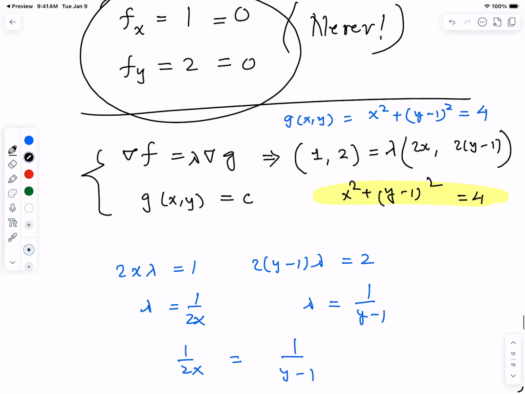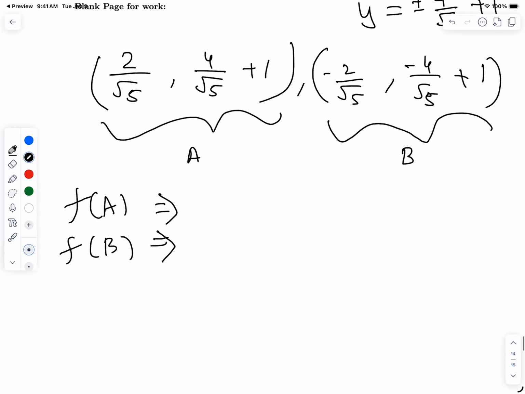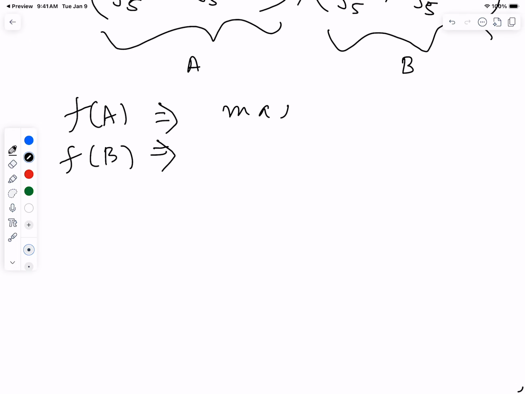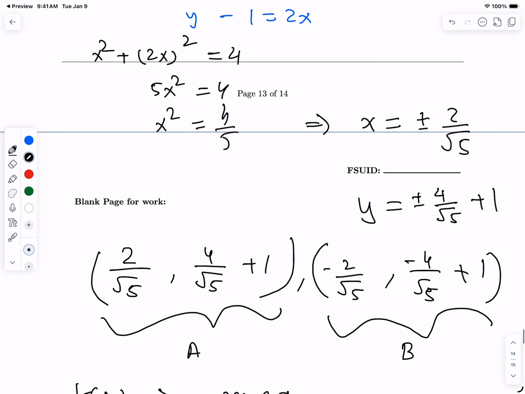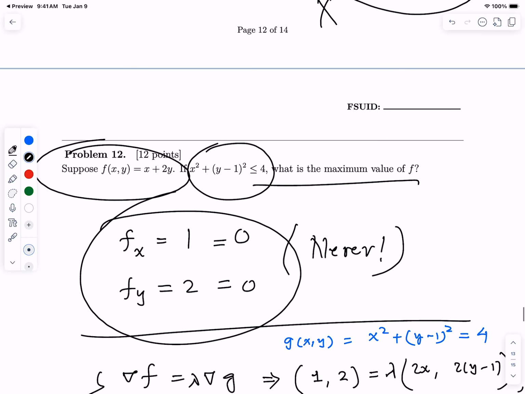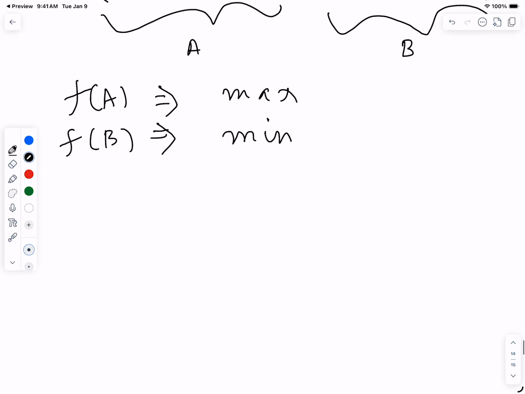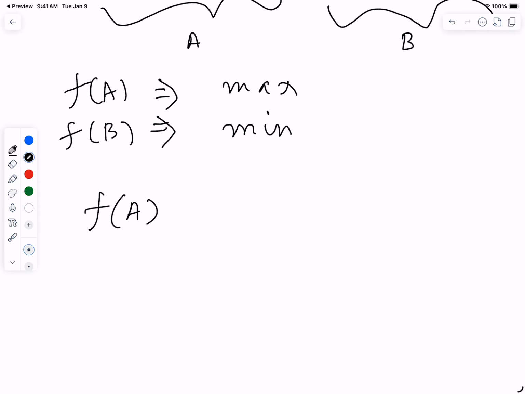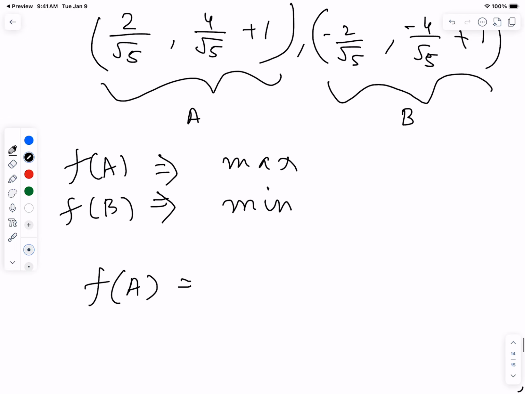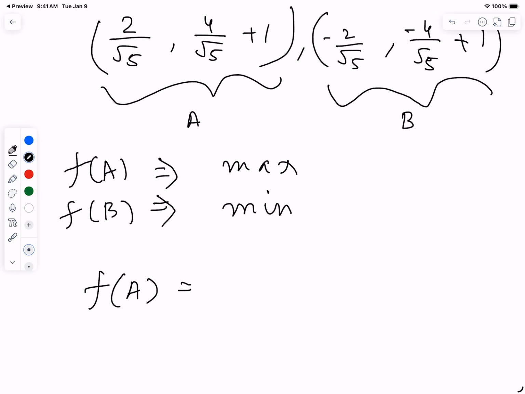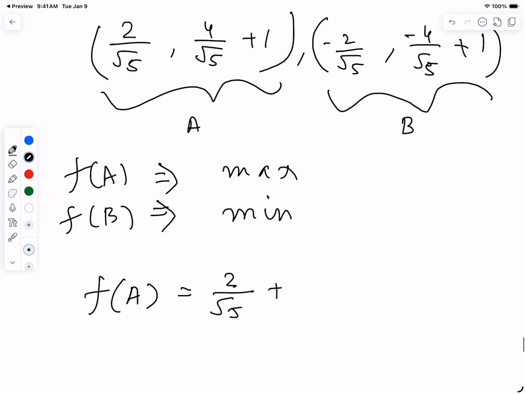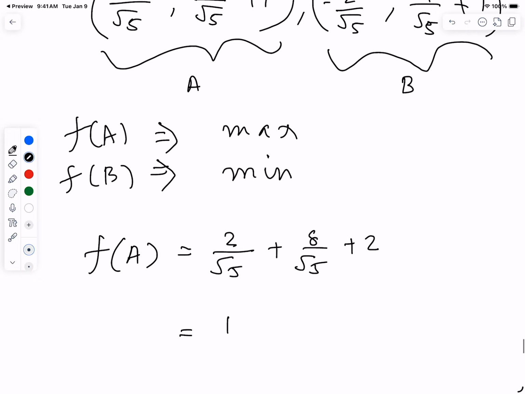I think A will give us the maximum, and B the minimum. What are we interested in? What is the maximum value of f? So evaluate the function at point A, and that value is 2 over root 5 plus x plus 2y, which is 5 plus 2.